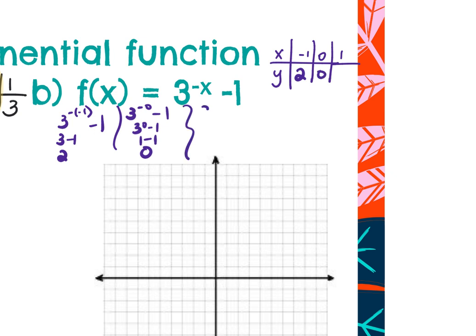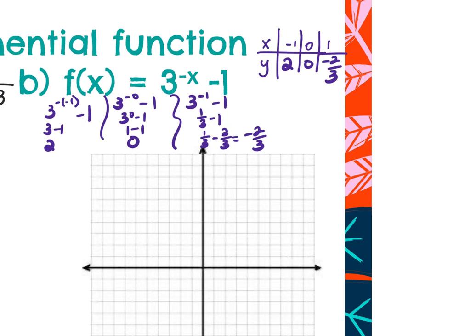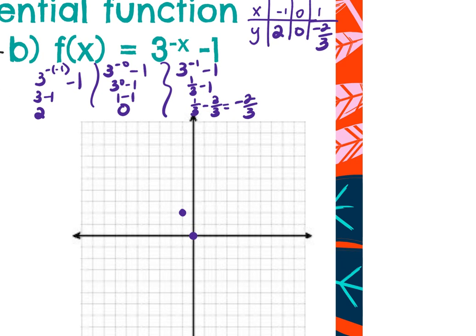And then I get 3 to the -1 minus 0, minus 1, which is 1/3, minus 1, 1/3 minus 3/3, which is -2/3. So I plot these, -1, 2, 0, 0, and 1, -2/3.